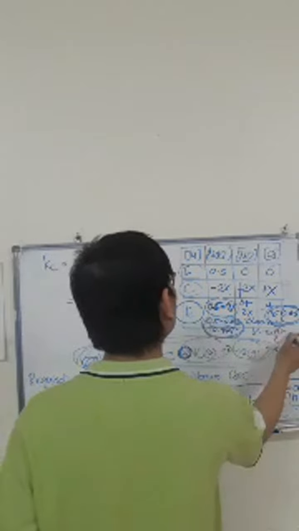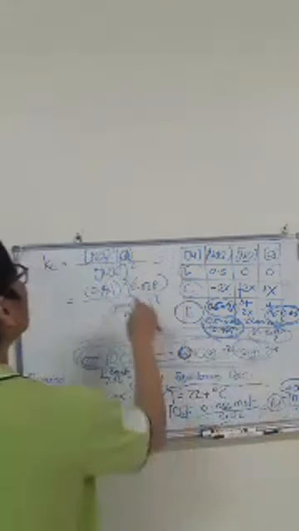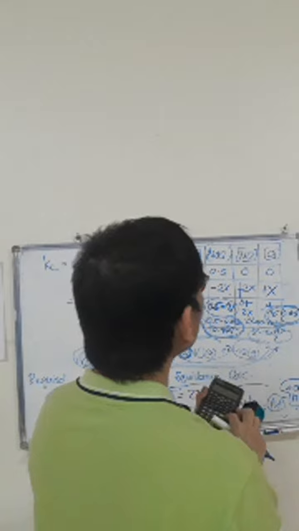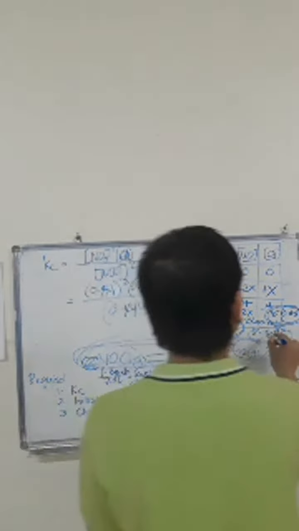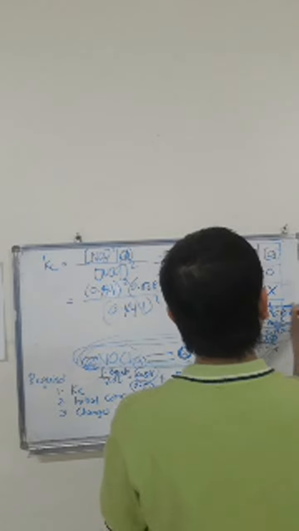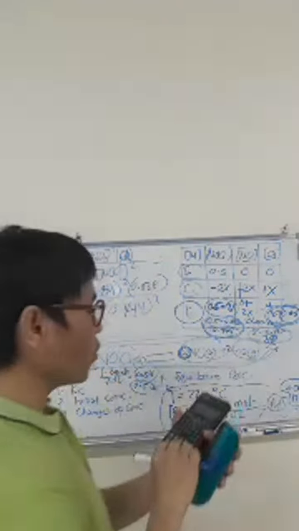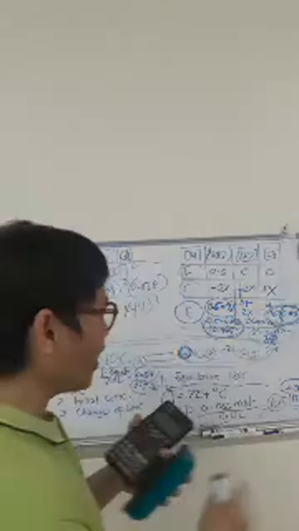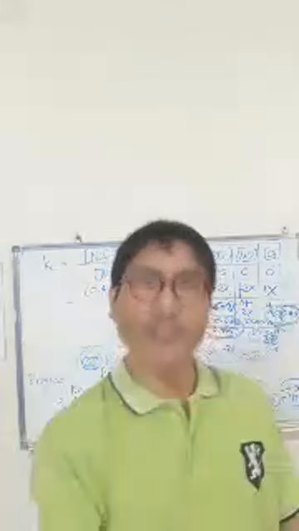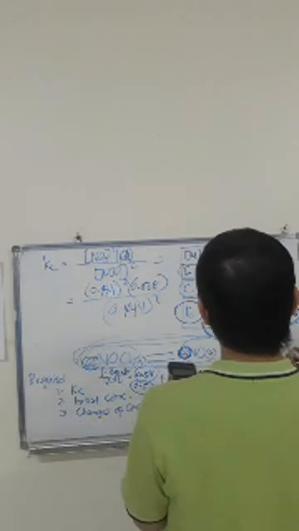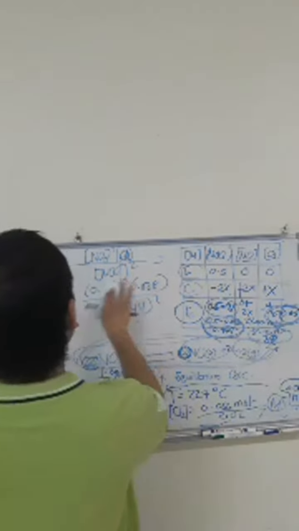So 2x is 2 times x, and x is already 0.028, so we multiply by 2 here. Okay, it's 0.056, guys. 0.056 here is the numerator.